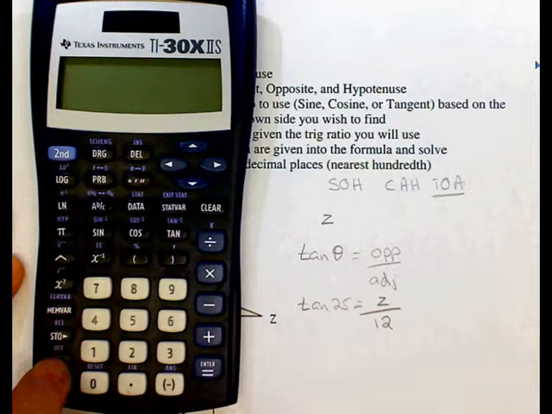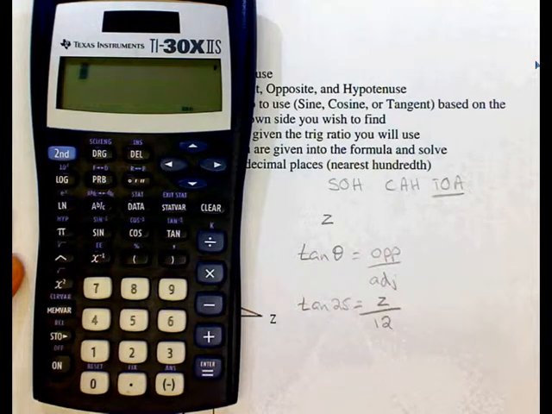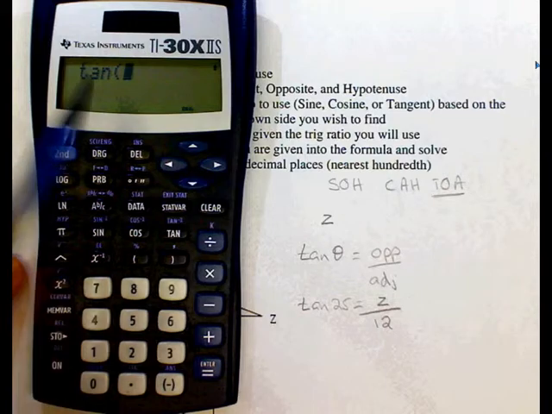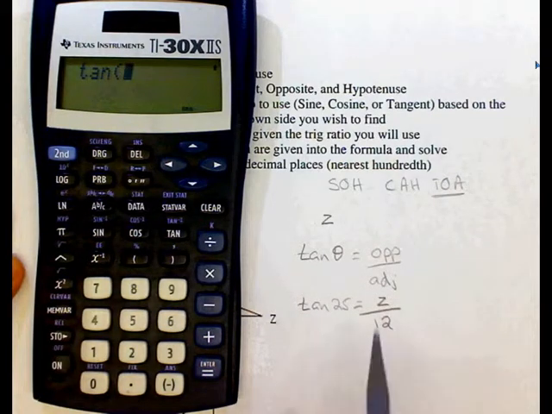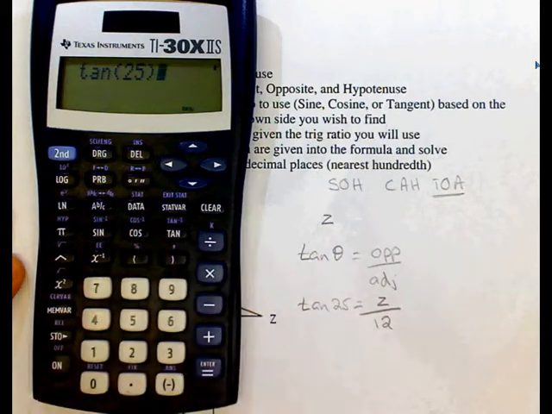I'm going to turn it on. First thing I have to do is calculate the tan of 25. Now again, each calculator is slightly different. On this one, I'm going to hit the tan button first. And you can see my display says tan and a bracket. I'll place my angle, 25, close my bracket, equals.